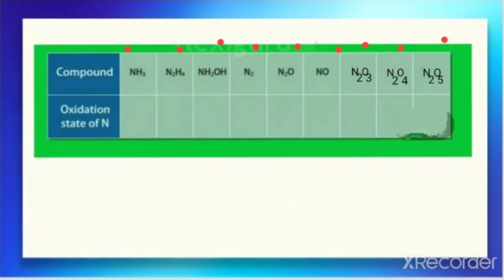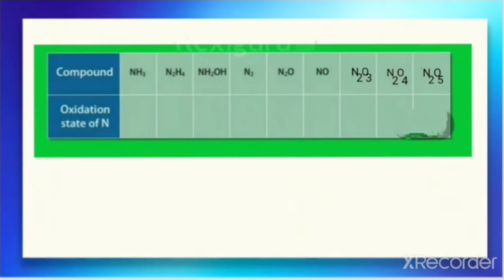These are the different examples of compounds of nitrogen, that is ammonia, hydrazine, hydroxylamine, nitrogen molecule, nitrous oxide, nitric oxide, nitrogen trioxide, nitrogen tetroxide, and nitrogen pentoxide.